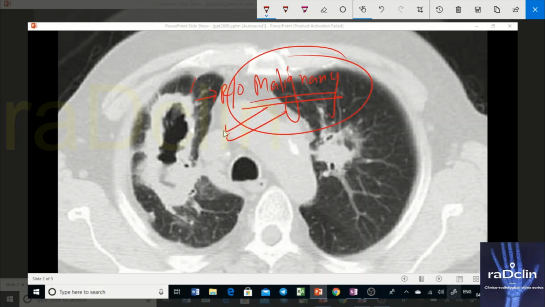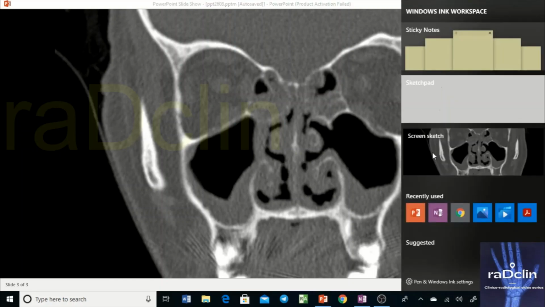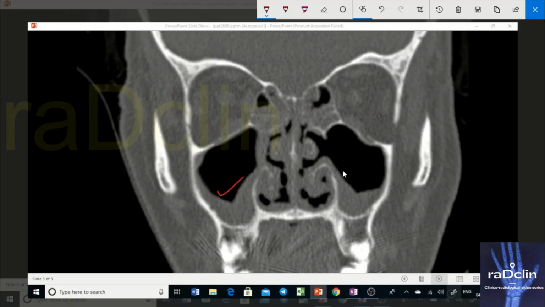Okay, it appears to be malignant. Had there not been any other image like this one shown, this is classically seen. You can see bilateral maxillary sinusitis with soft tissue thickening in its wall. Then you see ethmoid sinuses and frontal sinuses affected, and nasal cavities basically stuffed with soft tissue thickening.